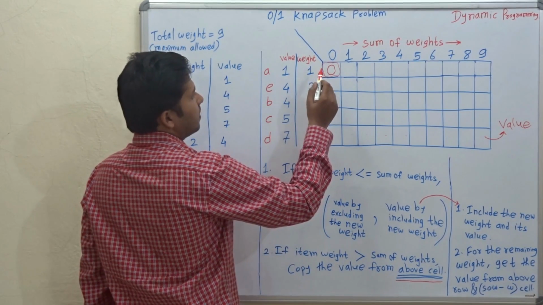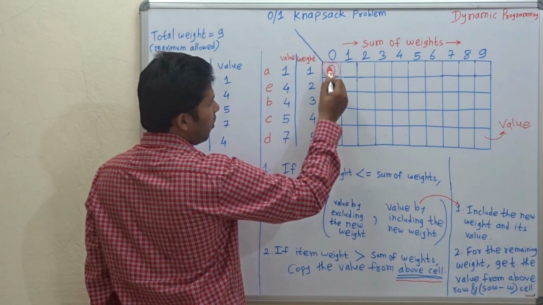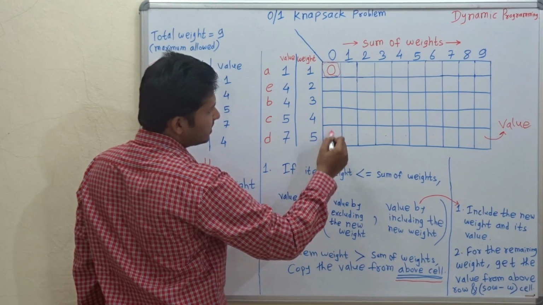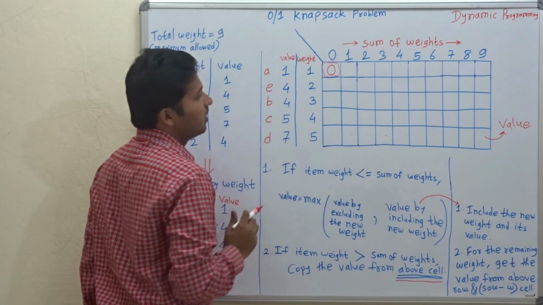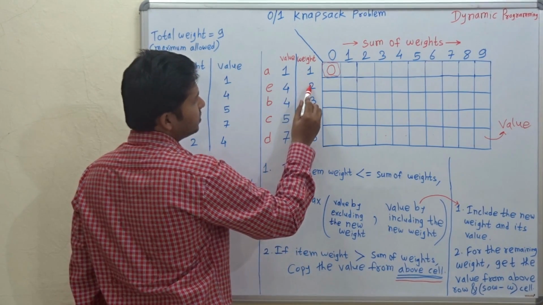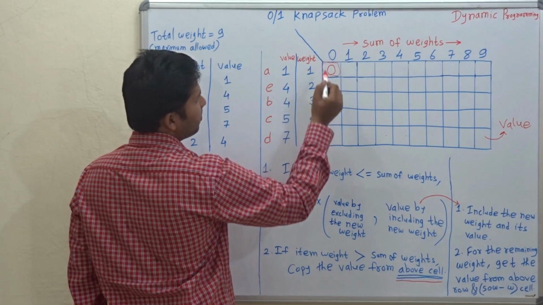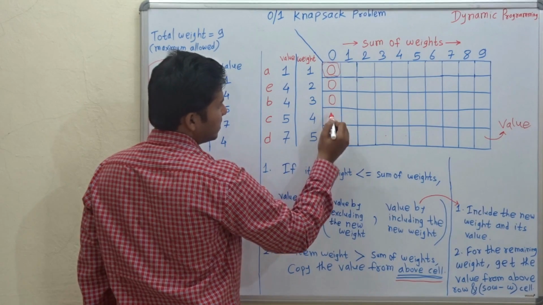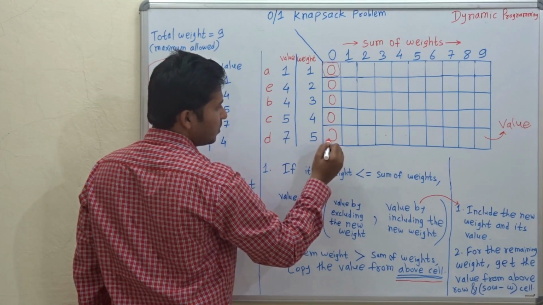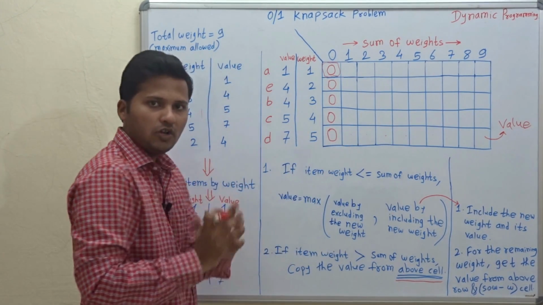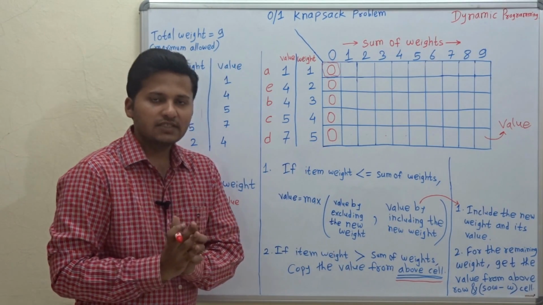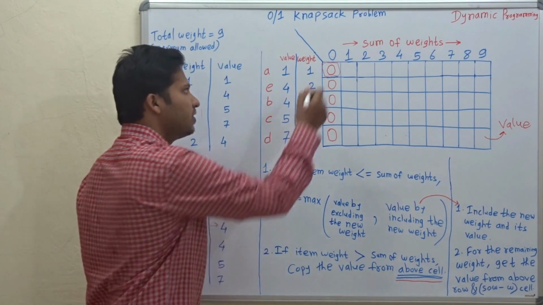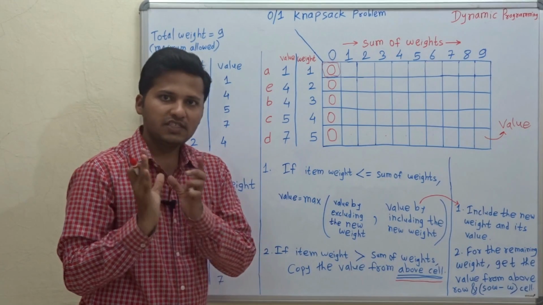Now, similarly for all the values in this column, because we cannot use weight 2 for forming 0, the value generated is 0. For 3 also 0, 4 0, 5 also 0. Always initialize all the values in the first column to 0.